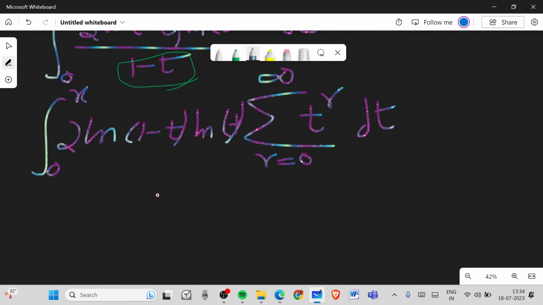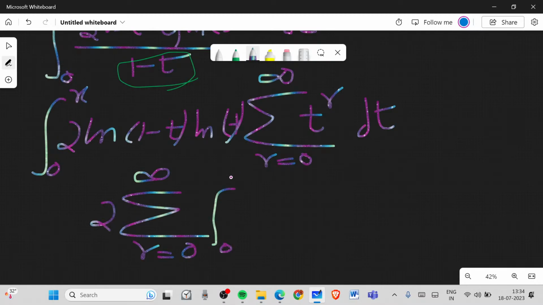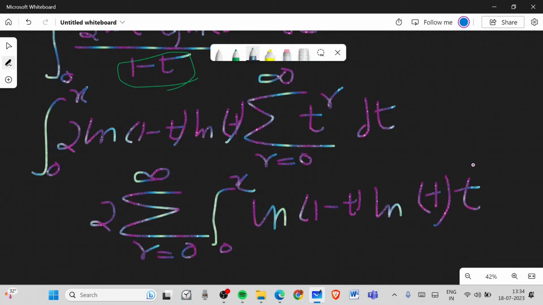So let's first of all write it out. Sum over r is 0 to infinity, integral 0 to x, ln(1 minus t) ln t into t to the power r.